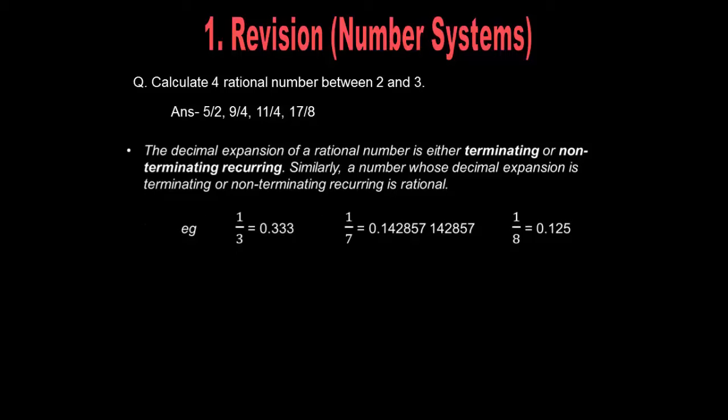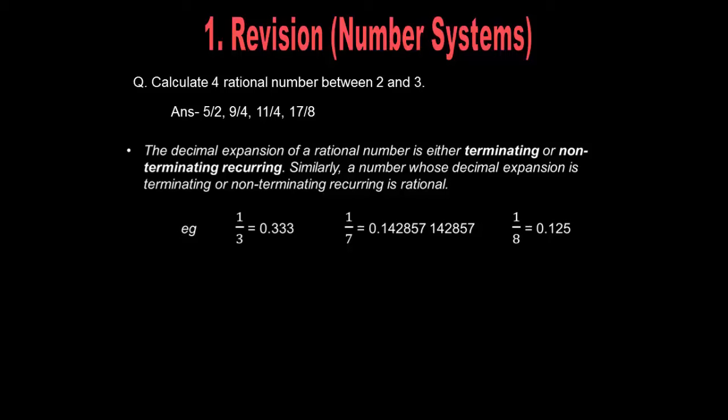Now we want to categorize rational numbers. So if we take a decimal expansion of a rational number, it will either be terminating or non-terminating recurring. What does that mean? So how will it be terminating? If we take 1 by 8, it will be terminating, that is, we'll have 0.125, and after 5 it has terminated.